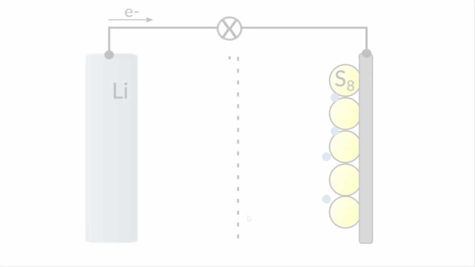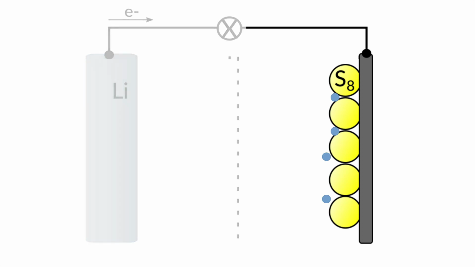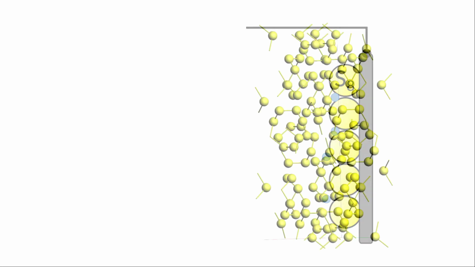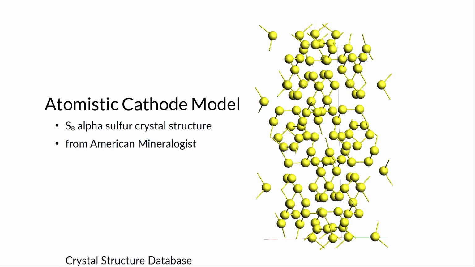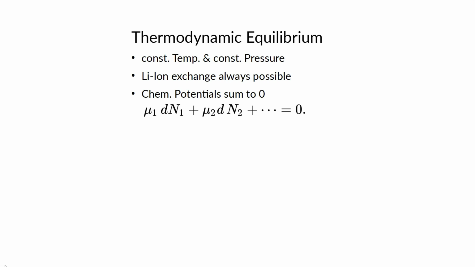With these basic principles of operation in mind, let's have a look at our modeling approach. Instead of creating an atomistic model of a complete battery, we will only model the chemistry on the sulfur cathode explicitly and consider the anode to be an implicit lithium reservoir. The battery is discharged when the lithium reservoir and the explicit sulfur cathode are in thermodynamic equilibrium.